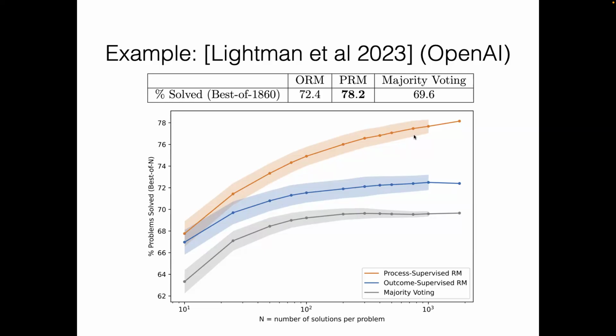Now, I don't have a slide on this, but you can think about the pros and cons of this method. The con is going to be how you get these really reliable process labels for the task you care about. In the case of a math solution, you have to somehow get labels for each step, whether it's correct or not.